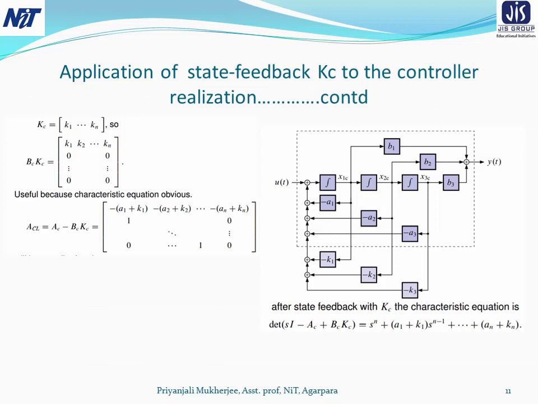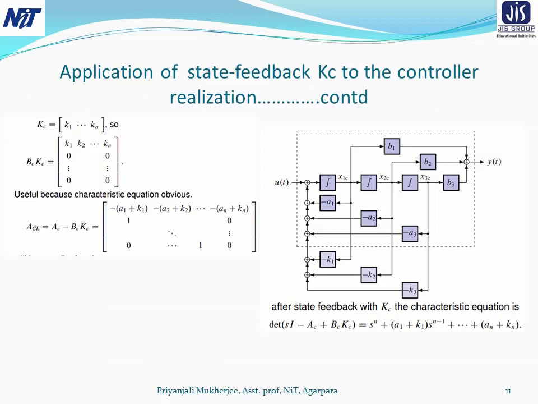So the characteristic equation now becomes A_CL equal to A_C minus B_C into K_C. After the state feedback K_C, the characteristic equation is the determinant of sI minus A_CL, or sI minus A plus B_C into K_C. So we can consider it in the state diagram.